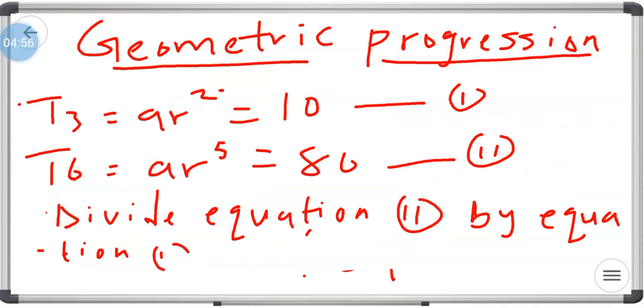Don't forget that our equation 2 is T6 equals ar raised to 5 equals 80, and our equation 1 is T3, the third term, ar squared equals 10. So from here, let's divide.